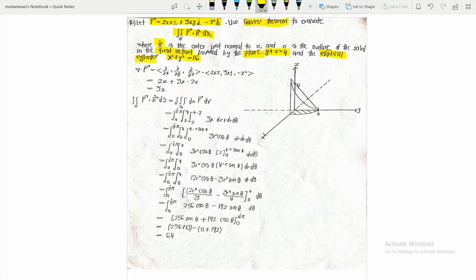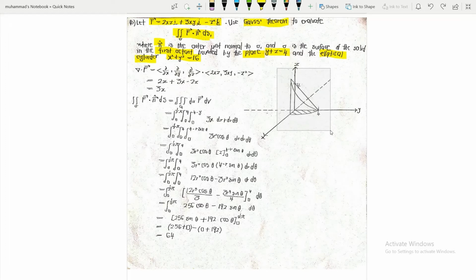Note that if they ask to evaluate the double integral of f dot n dS, it means we need to use the triple integral of divergence f dV. First, we need to sketch the cylinder x squared plus y squared equal to 16 and the plane y plus z equal to 4.